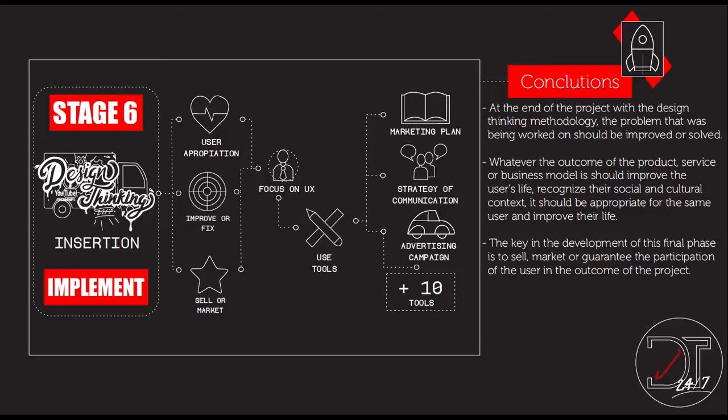So if you are working with a situation, it's really important that you at least can fix it a little bit. Whatever the outcome of the project is, a product, a service, or a business model, it should improve the user's life, recognize their social and cultural context, be appropriate for the same user, and improve their life.